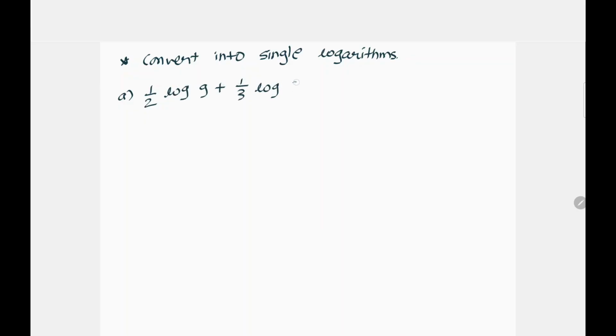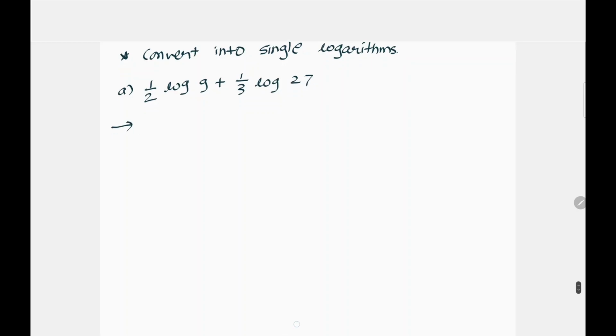Next example, convert into single logarithm. So first, half log 9 plus 1/3 log 27. This question comes for 3 marks.